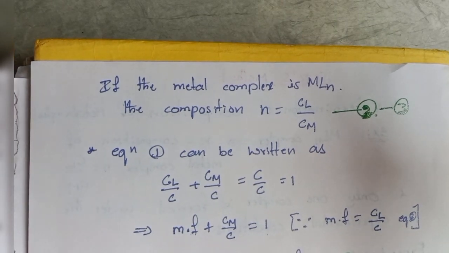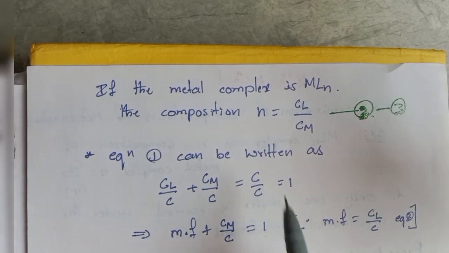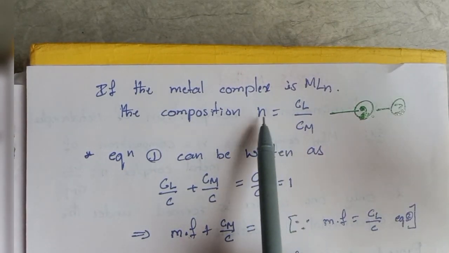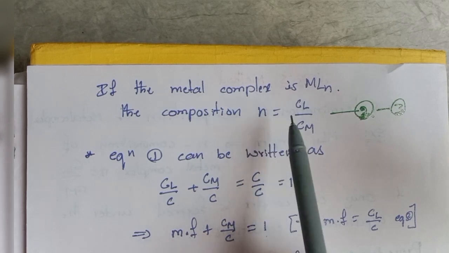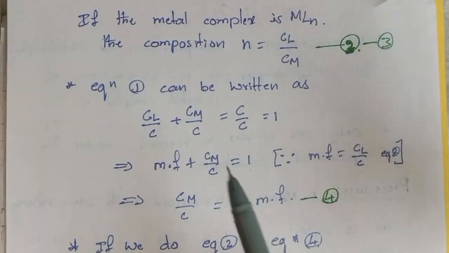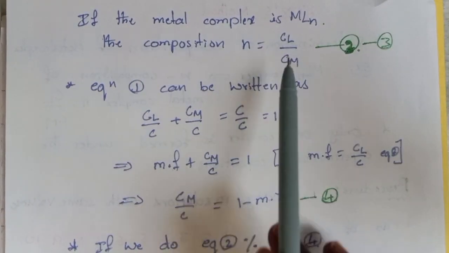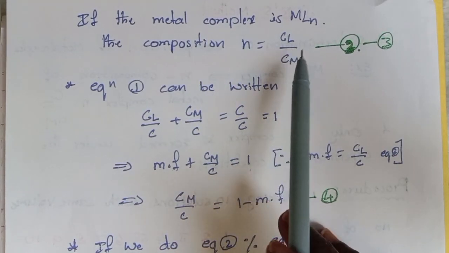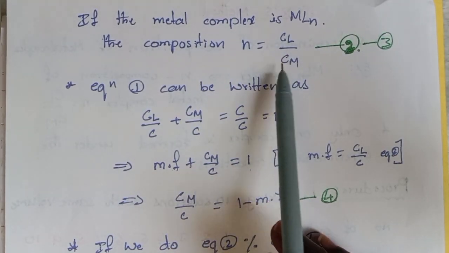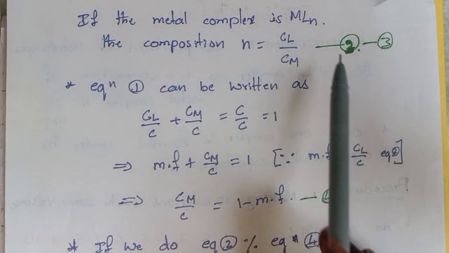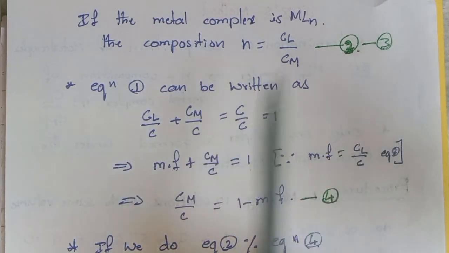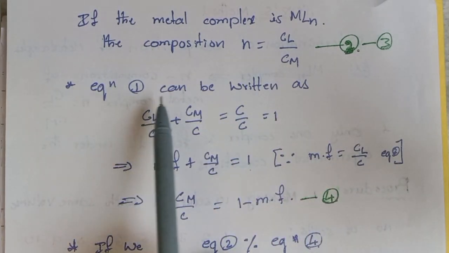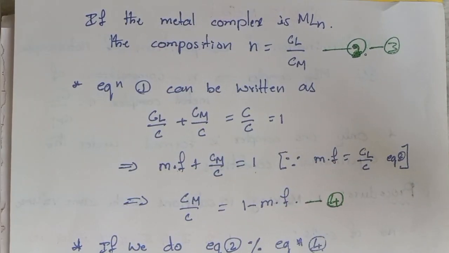So what is our main theme? Determination of composition, right? So composition of the metal complex. If the metal complex is MLn, the composition n will be the ratio of total concentration of the ligand and total concentration of the metal ion, right? So if we consider this as equation 3, equation 1 can be written as, so what is equation 1?